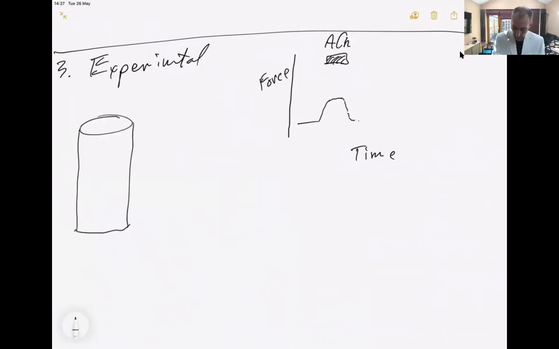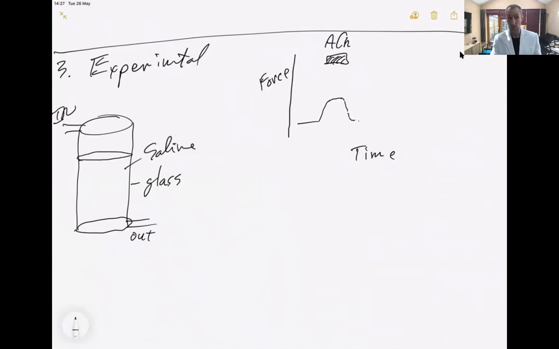So if we have a tube here, so this is glass, so it's see-through, and it will have a port that goes out, and it will have a port that goes in, and we can then fill this with saline solution. So hopefully from your syllabus, you've memorized all those physiological parameters.